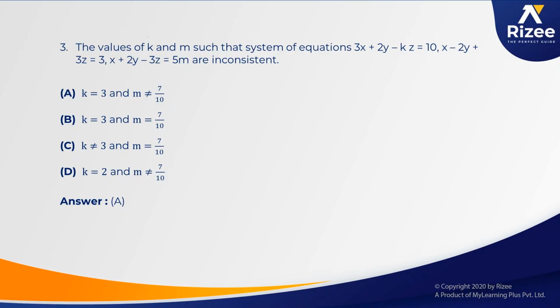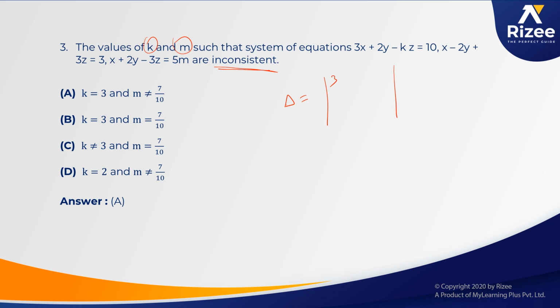The values of k and m such that the system of equations 3x plus 2y minus kz is equal to 10, x minus 2y plus 3z is equal to 3, x plus 2y minus 3z is equal to 5m are inconsistent. First we should find out the determinant of these equations.